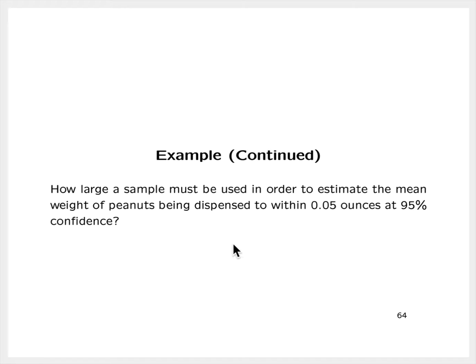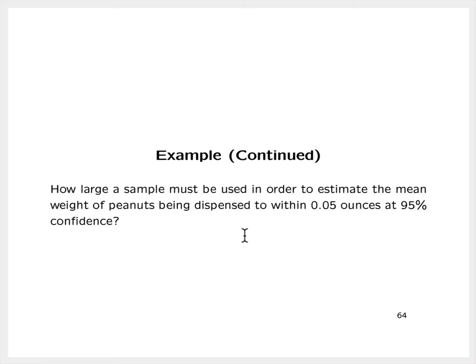And so let's look back at our example that we're doing involving peanuts being dispensed into 8-ounce jars. And so the question would be, how large of a sample must be used in order to estimate the mean weight of peanuts being dispensed to within 0.05 ounces at a 95% confidence level?